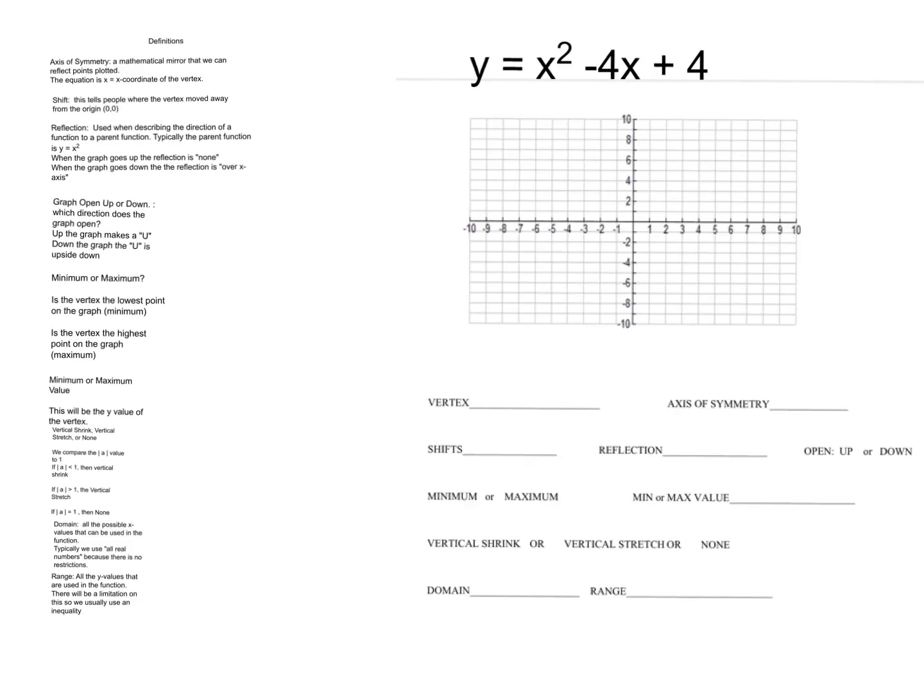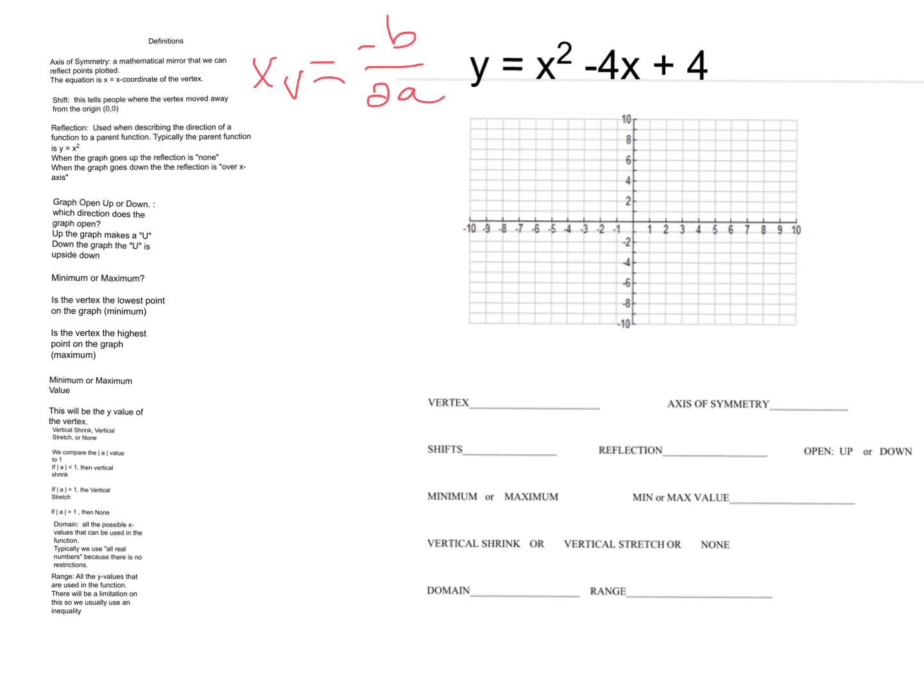Okay, so here it is. We're going to graph this thing. Step 1 said we are going to first identify the vertex. Because my equation is in standard form, we have to do x vertex, which is negative b all over 2a.